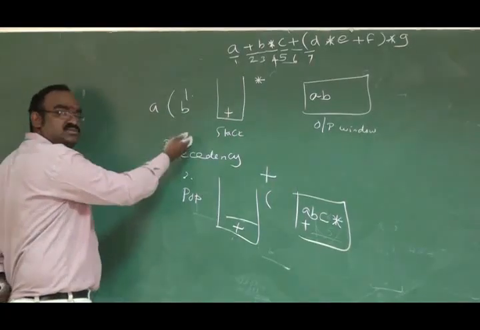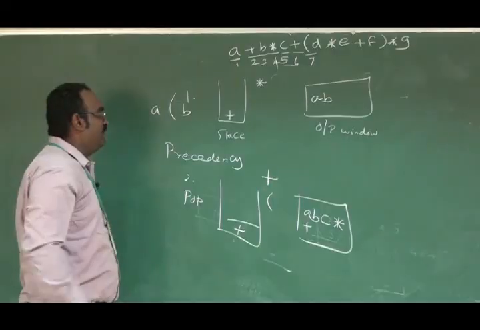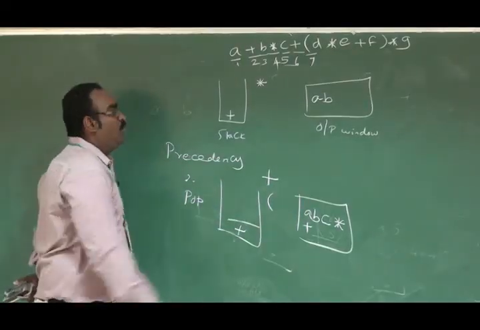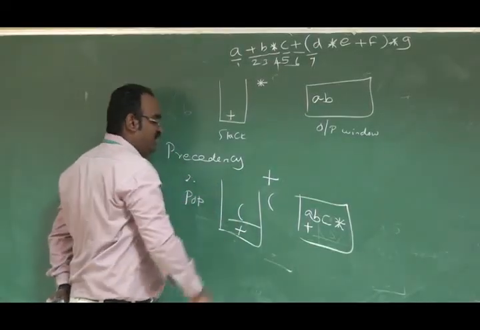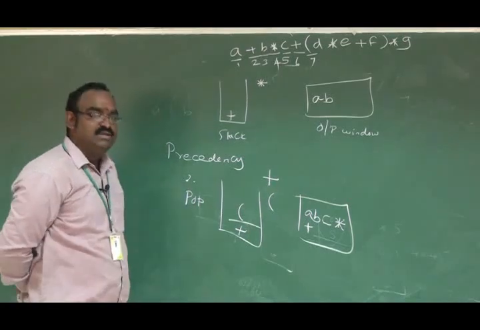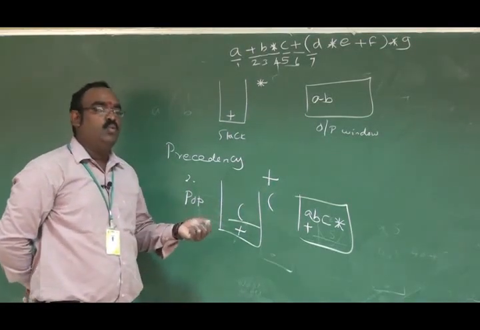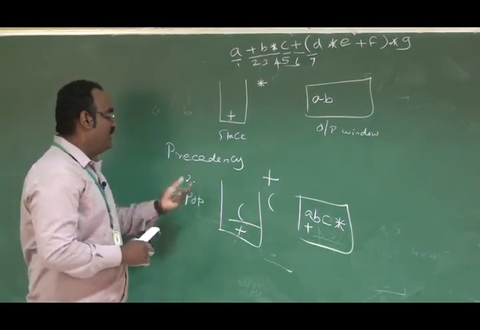A left parenthesis has nothing to evaluate. So when you see a left parenthesis, you simply push it into the stack. Once the left parenthesis is inserted, when the right parenthesis comes, you have to remove elements from the stack one by one up to that point.